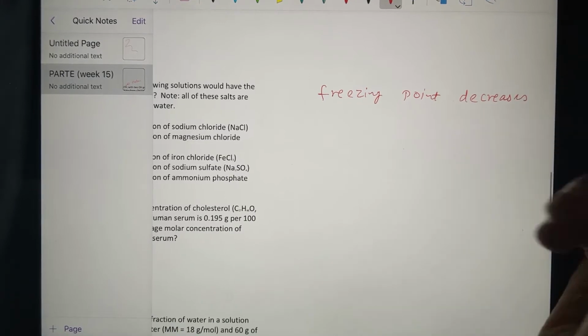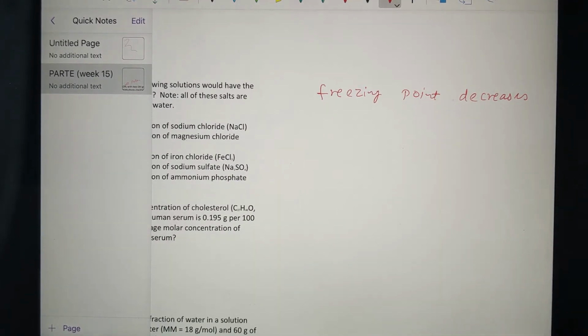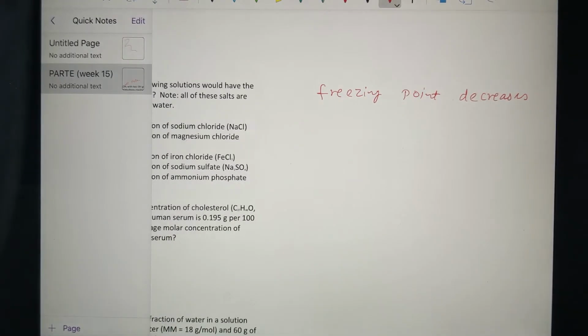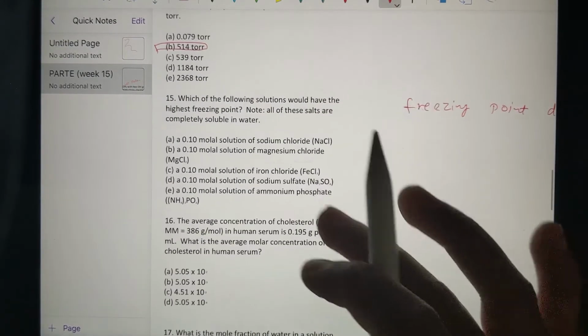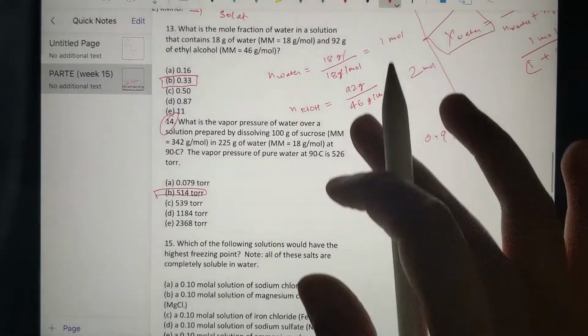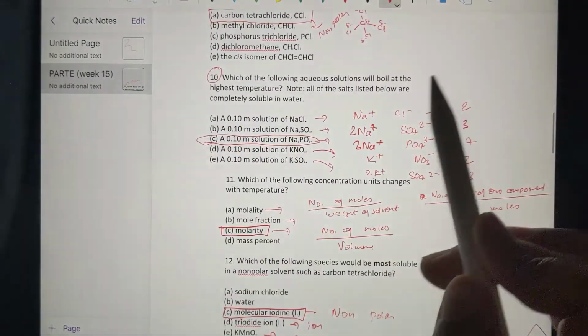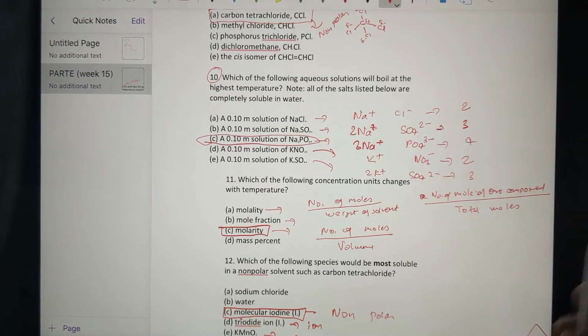So this is the opposite of the boiling point. What happens in the boiling point? So when you add the salt solution in a solvent, your boiling point increases while the freezing point decreases. Okay, so this question is related to the question that we did before. So here you can see, this one was about boiling point, while this one is about freezing point.